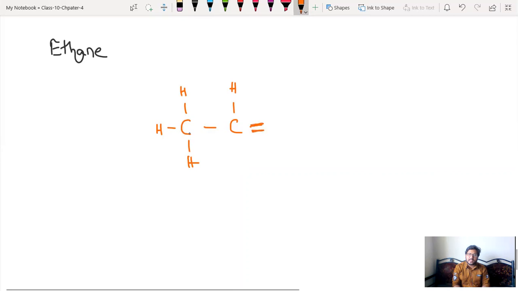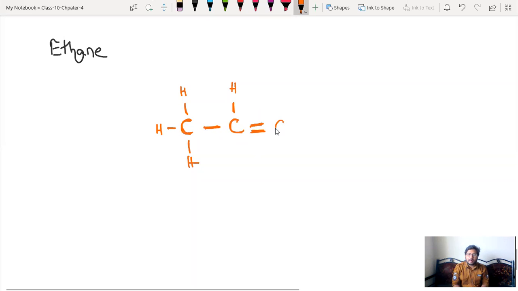Because if you observe the first carbon, it is satisfying 4 valencies. This first carbon needs 4 valency electrons. One is with this hydrogen, one with this hydrogen, one with this hydrogen, one with this carbon. Satisfied. Coming to the second carbon, first valency here, second valency here, 3, 4 valencies you are representing here, no problem in that.